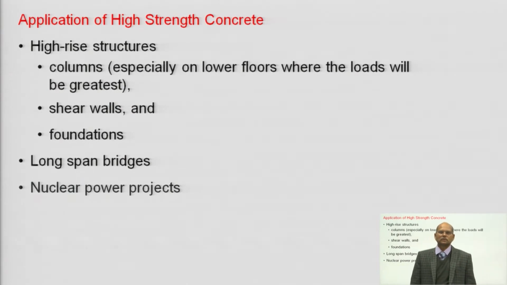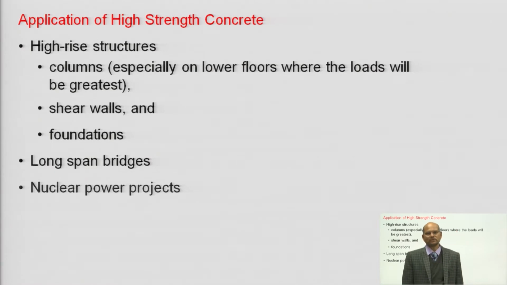So what are the uses, what are the applications? Generally we use it in high rise structures, particularly columns of lower floors, because the load comes from the top, so at the bottom the load will be more. So for the lower sides of the column we can go for high strength concrete. If we go for high strength concrete, certainly the cross sectional area will reduce.